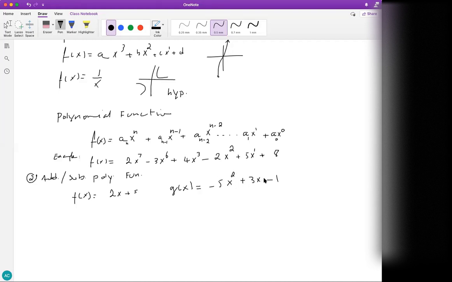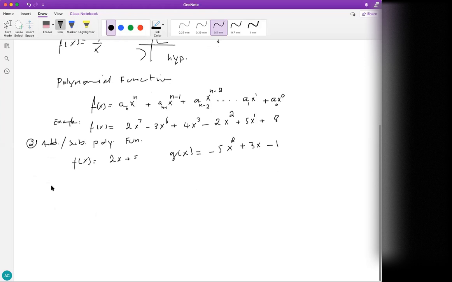Yeah. Monomial is 1. Binomial is 2. What about 3 terms? We call that trinomial. Okay, trinomial. And then anything above that, we call it a poly. Poly stands for many.